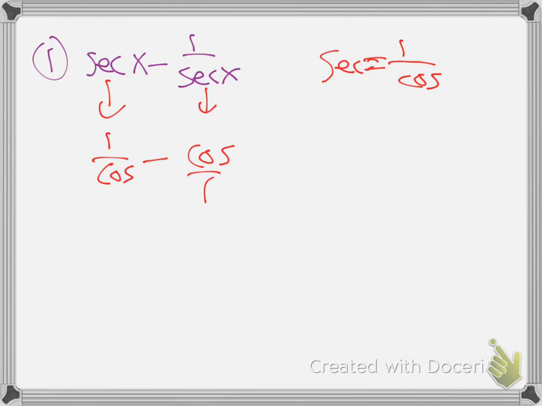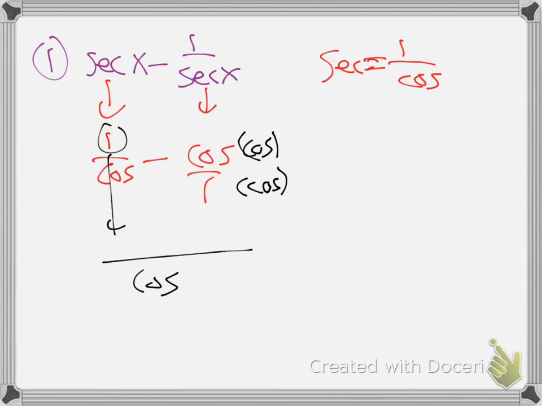So put this over 1 so it looks like a fraction, and combine those with a common denominator. What's the common denominator? Multiply top and bottom of this one by cosine. Then they both have a cosine denominator. 1 minus cosine squared over the common denominator cosine. Good so far?